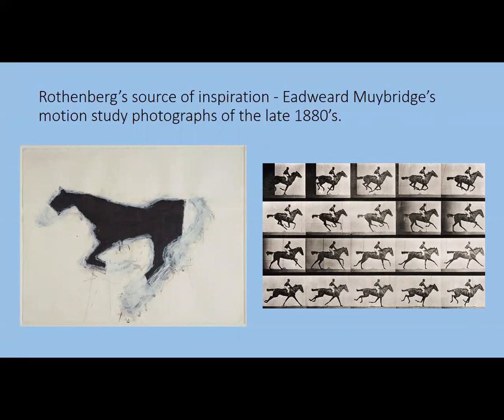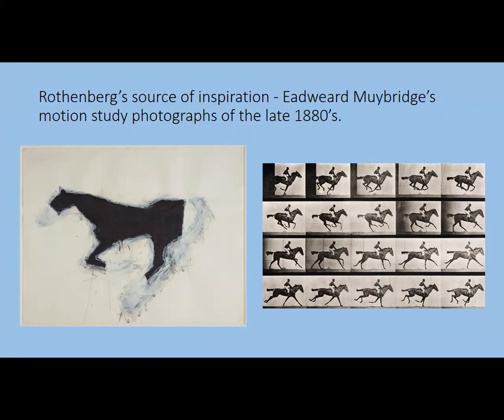Muybridge was really interested in the motion of people and animals, and he was approached by Governor Stanford of California, who made a bet with a person about whether or not race horses at any point have none of their feet touching the ground. So he knew that Muybridge was a photographer doing this experimental photography, and Muybridge set up a series of cameras.